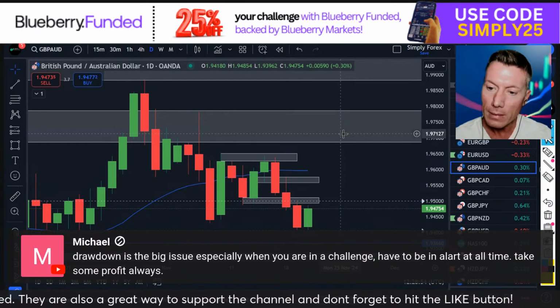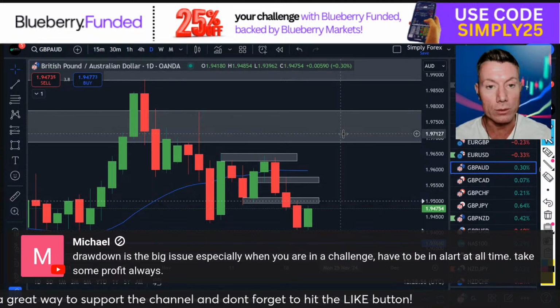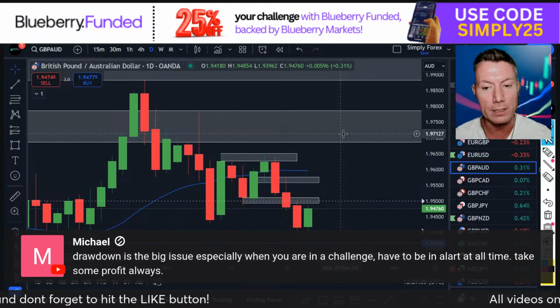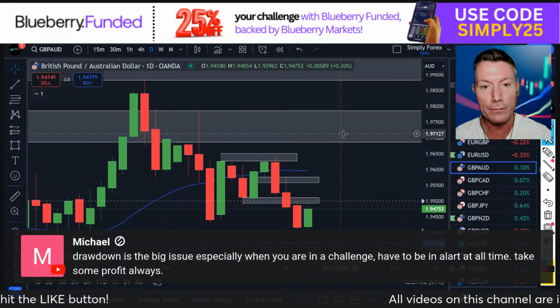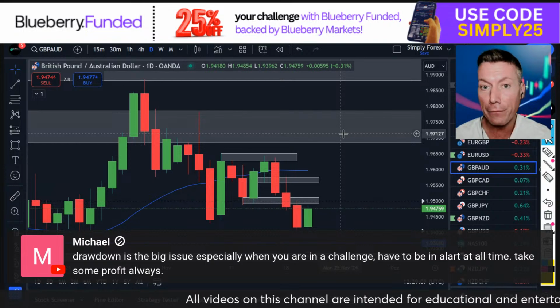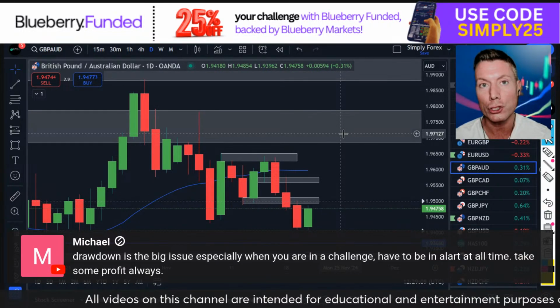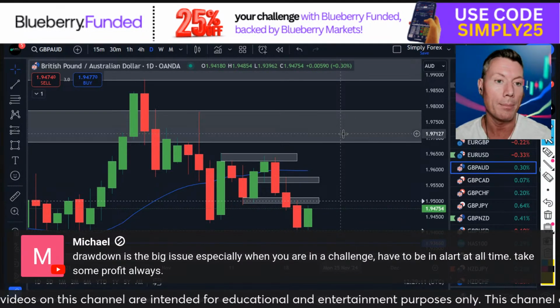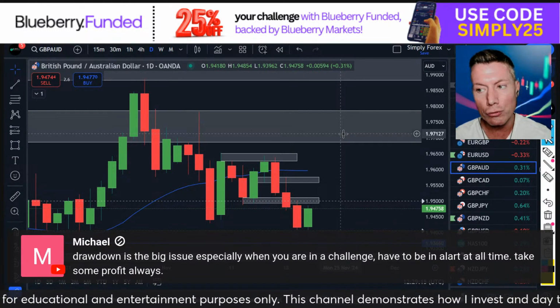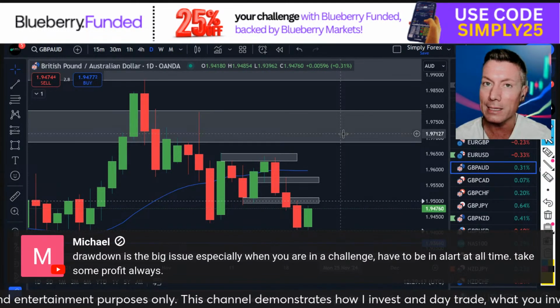So standard, I risk 1%. If I'm hedged, I might go up to 3%. But generally speaking, I'm trading 1%. And if your daily drawdown limit is 5%, you have to have 5 trades go against you in a day, or a couple of days, let's say. So although there are restrictions, they're not crazy restrictions.